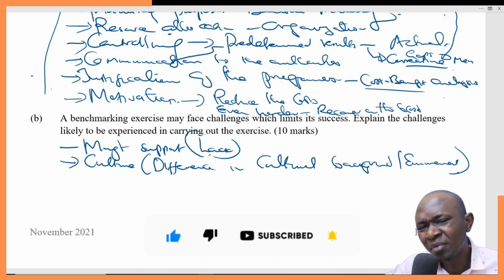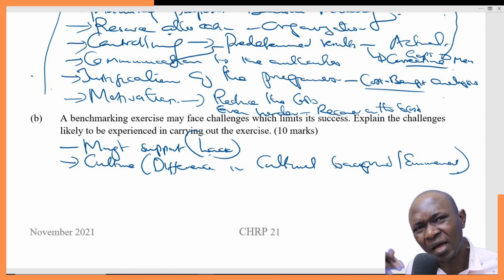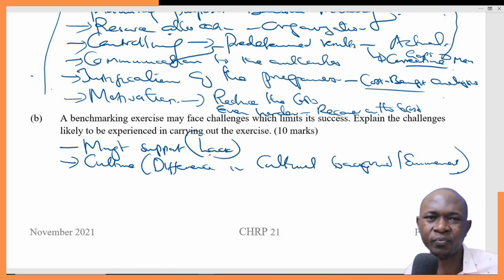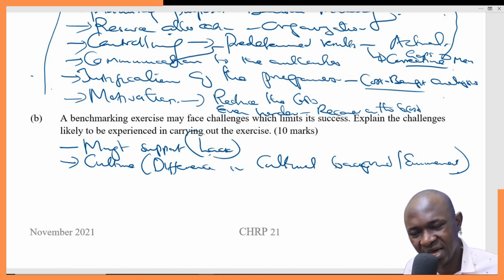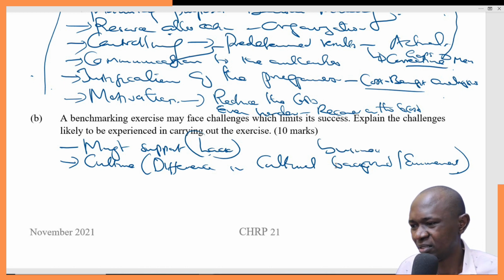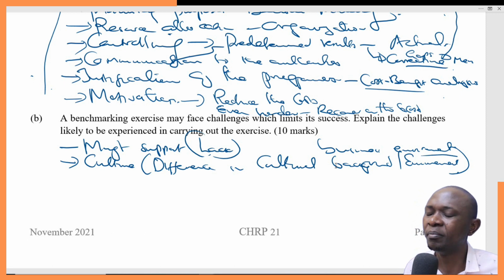So you benchmark, but when you come to try and implement what you've benchmarked here, it can't work because all the macroeconomic factors are different. So difference in culture, I think I will just say difference in business environment, background.